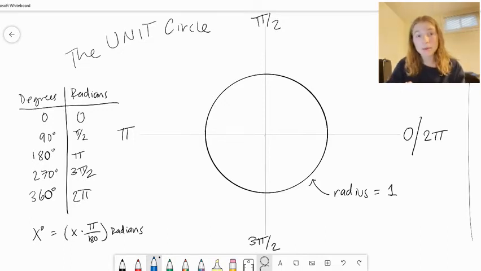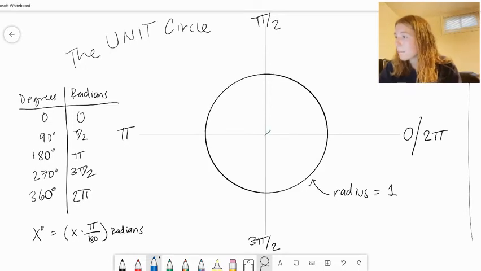We're going to start out by dividing our circle into eighths. Now, since the total angle of our circle is 2 pi radians, or 360 degrees, when we divide it into eighths, we'll be dividing it into sections of pi over 4 radians, or 45 degrees. So let's draw some lines.